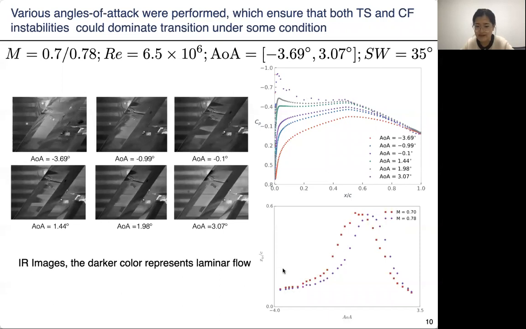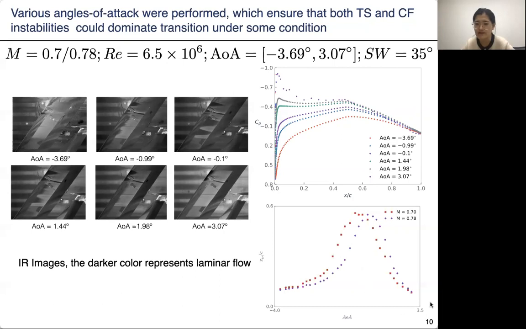We can see that at the lower angle of attack, because cross flow dominates the transition, the high Mach number corresponds to the larger cross flow velocity. So the CF instability is stronger. Then finally, the Mach number of 0.78 has the shorter laminar region.